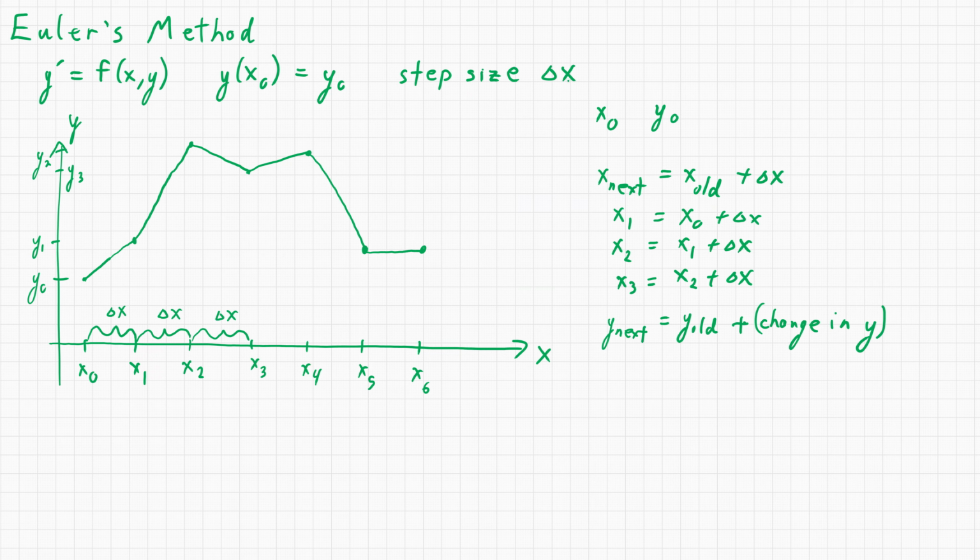We have this delta x, and we have this function f of x comma y. So to do that, it's going to be y old plus, I can change this a little bit, I can write change in x, and then I can have a fraction. This will be change in y over change in x.